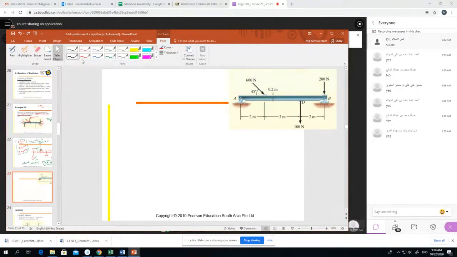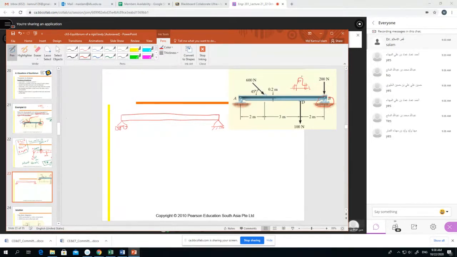Okay. So this is our beam, and when we draw freehand sketching, we show hinge like this, and we show roller like this. But in the picture in the book, the hinge is shown like this, with one nut and bolt.